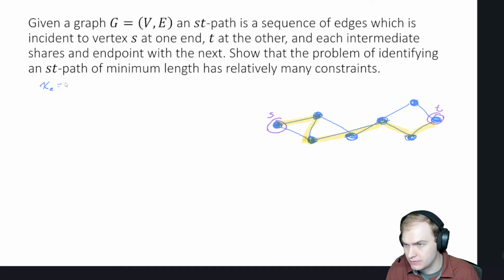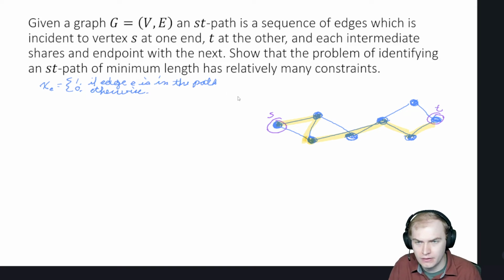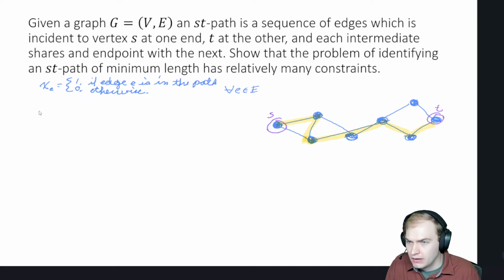X E is 1 if edge E is in the path and 0 otherwise, for every edge in E. And all we want to do is minimize the total number of edges we pick.